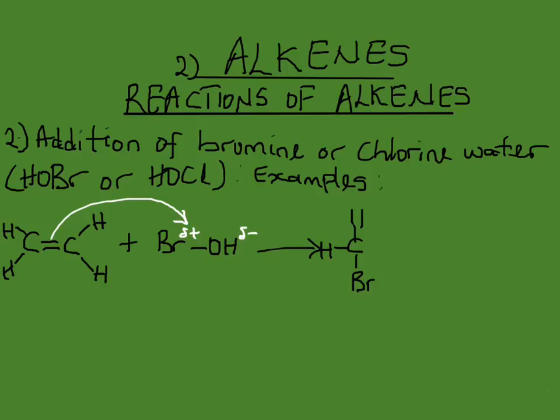When bromine water is hydrolyzed, bromine owns the positive charge, while the hydroxy ion owns the negative charge, and it's going to give us our bromoethanol. Alcohols which have a halogen are known as haloalcohols.